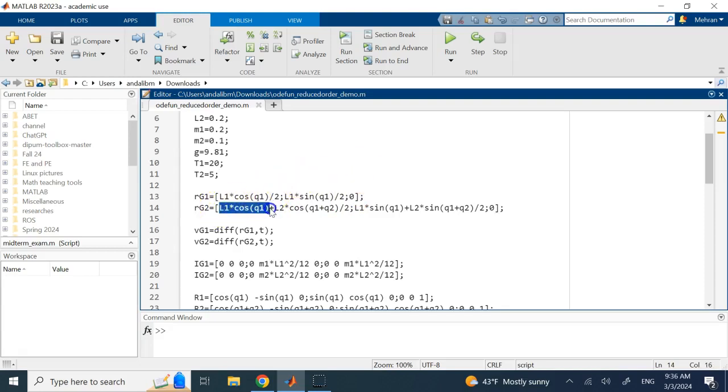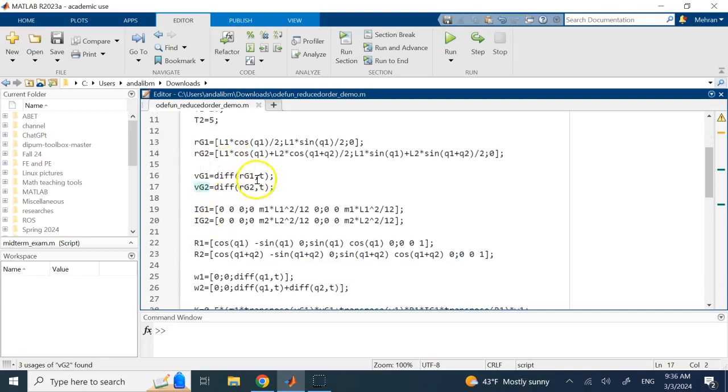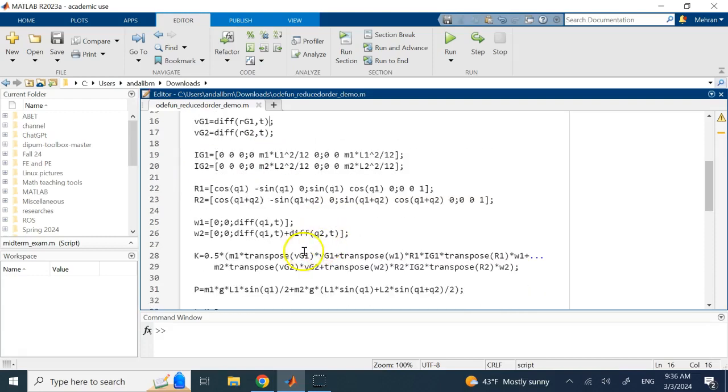The second member: L1 cosine q1 and L1 sine q1, this is the endpoint of member 1, and then you add to it L2 over 2 cosine of q1 plus q2 and L2 over 2 sine of q1 plus q2. So this is R of centroid 2. So now if I want V of G1 and G2, I simply take a time derivative from RG1 and RG2 with respect to time, so I can plug them right into this formula, okay?